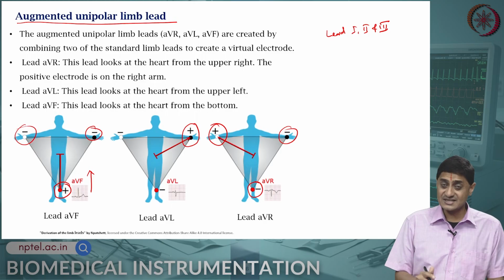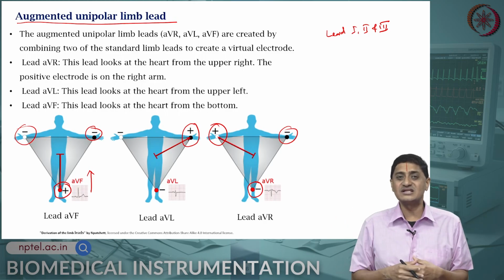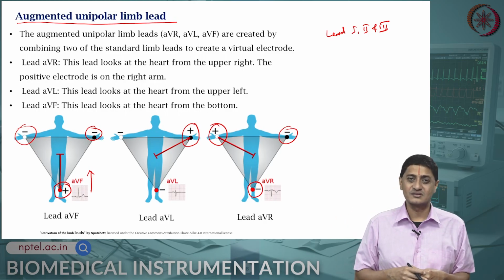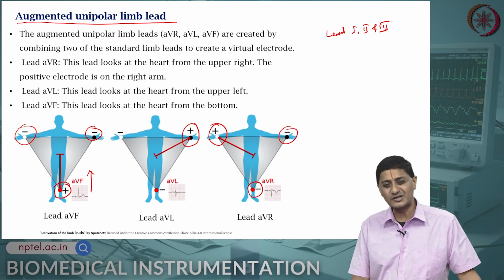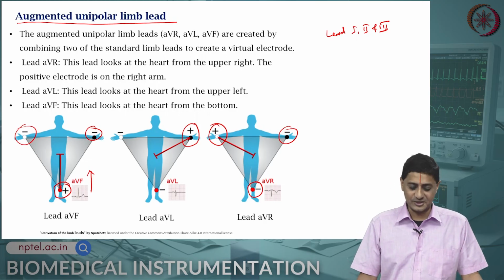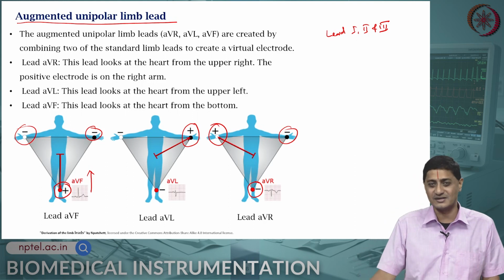So in each case, you are measuring from one of the electrodes, and the other two together form a common virtual ground or virtual electrode. You measure with respect to that common reference point, which is why these are called unipolar leads.